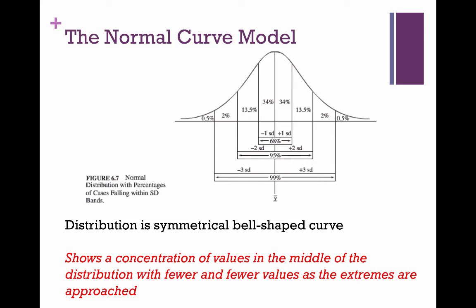So I always think of height, right? So 68% of people would fall either one standard deviation below or one standard deviation above whatever the mean height for women is, 5'4", okay? Then 95% of people will fall within 2 standard deviations of 5'4" women.